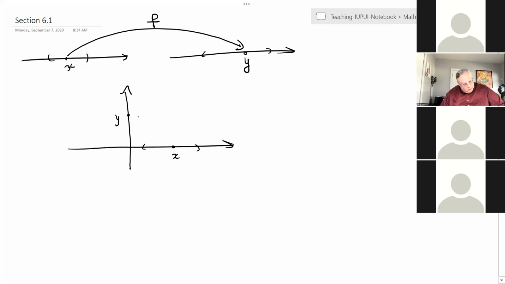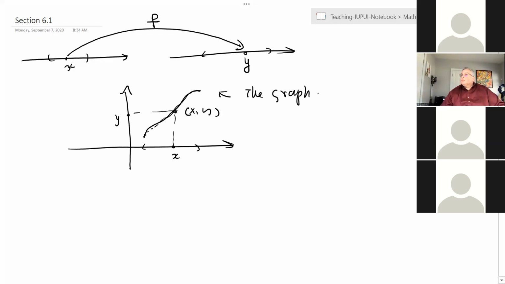Those two numbers give you a point in the xy plane, and this is a much better way to describe the function. When x changes, you get a bunch of points, so you get the so-called graph of the function f.